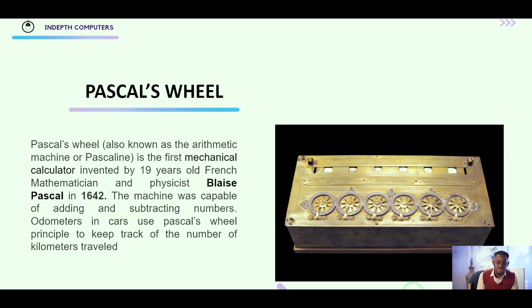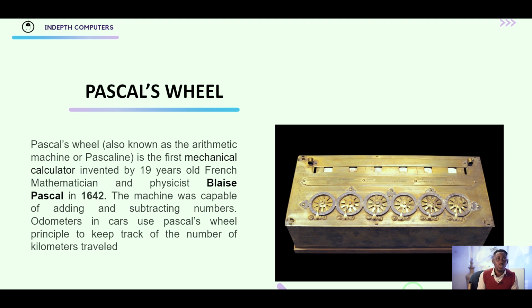So this led to Blaise Pascal coming up with a machine that can help with addition and subtraction of numbers. So this Pascal's wheel will help his dad to do his addition and subtraction better.